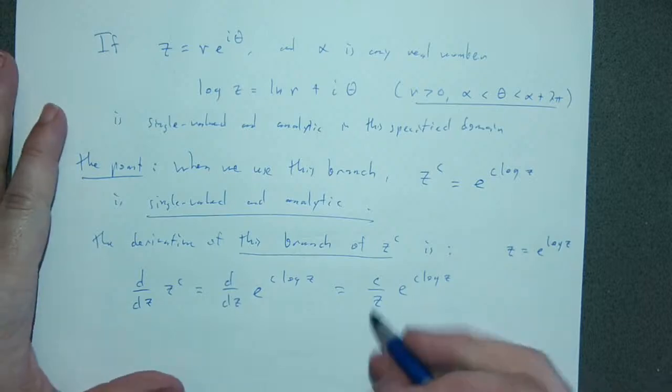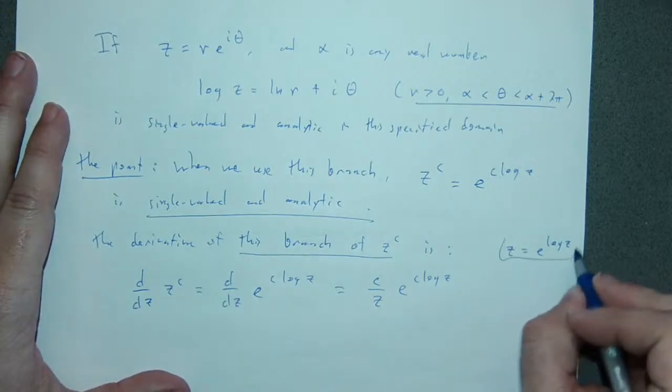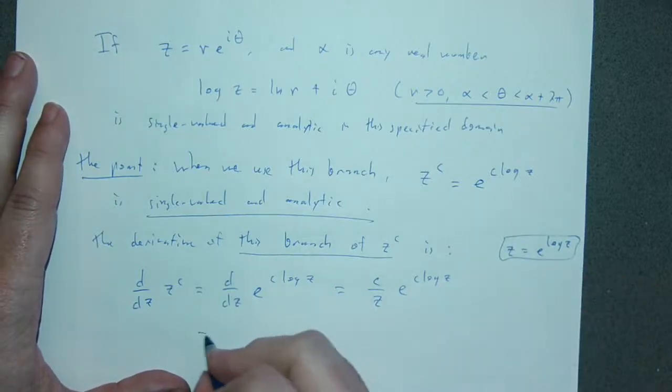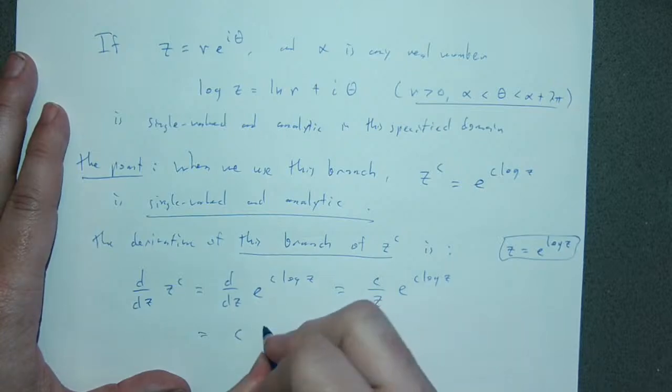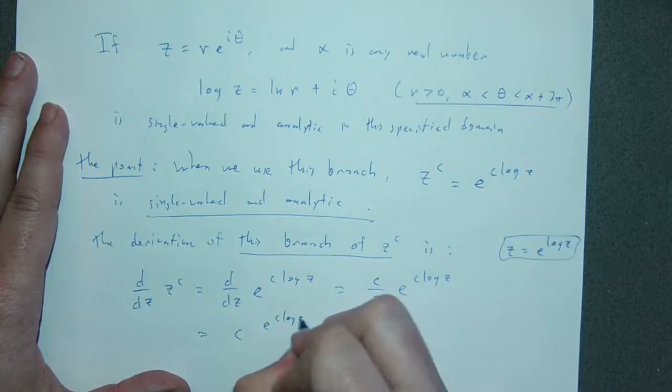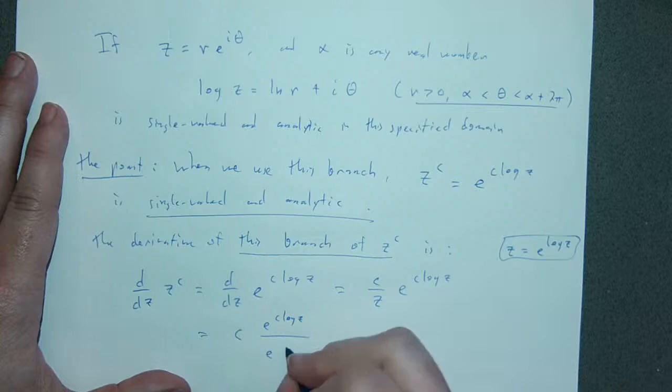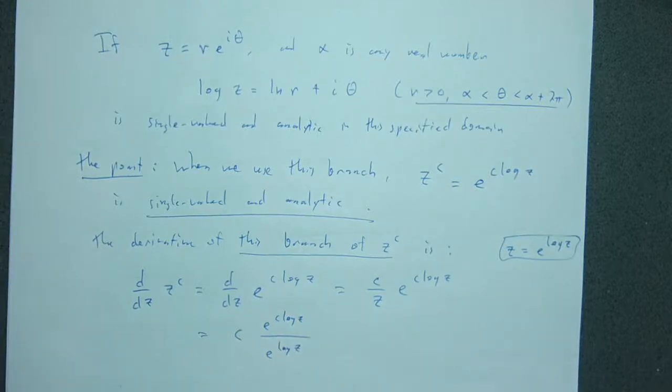And so rewriting z as e to the log z here, this is going to be c times e to the c log z over e to the log z. Okay.